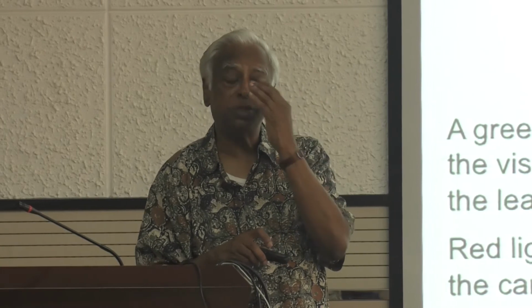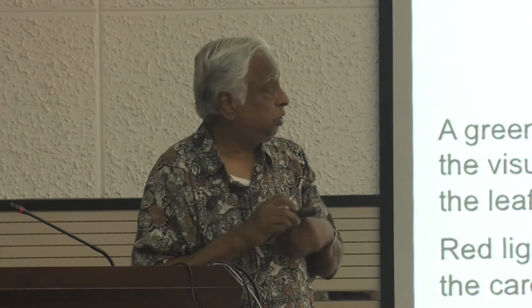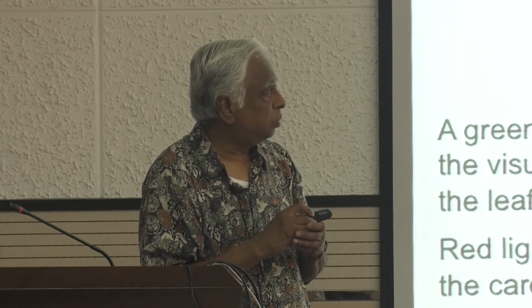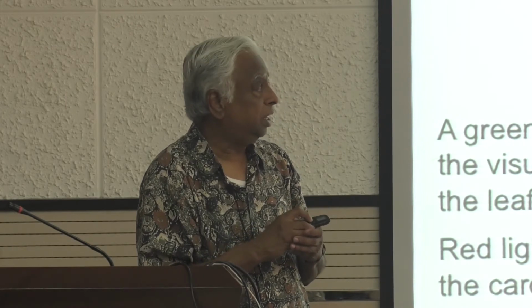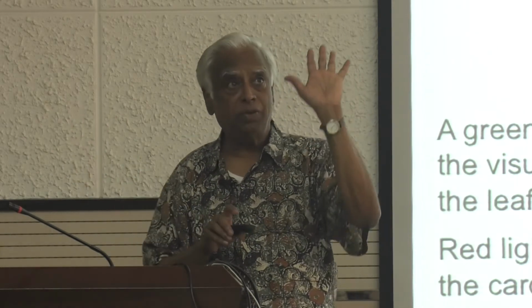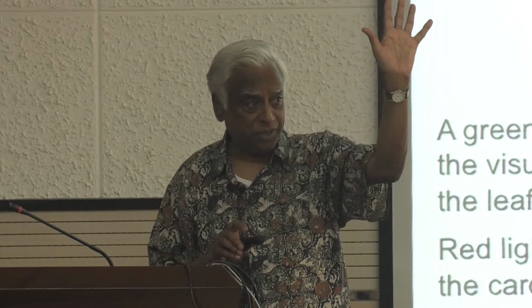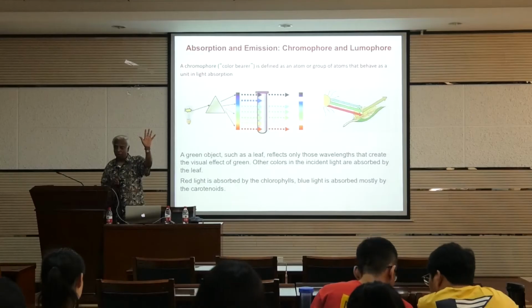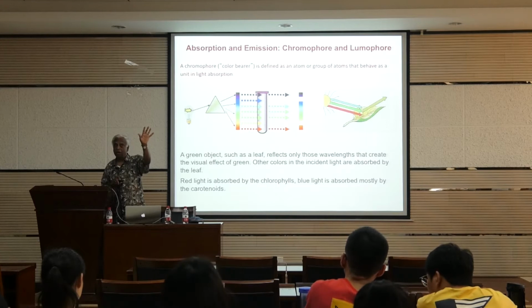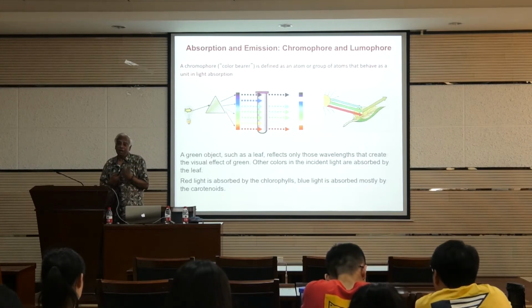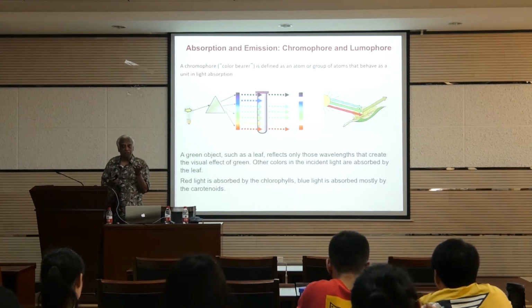Whatever is left out is the one that you see. So the projector light is going to have all of these colors. If you have a leaf in front of it, the leaf will appear green. Why does it appear green? Because the leaf absorbed all the other colors. Whatever it did not absorb is the green, and that's the only one you can see.